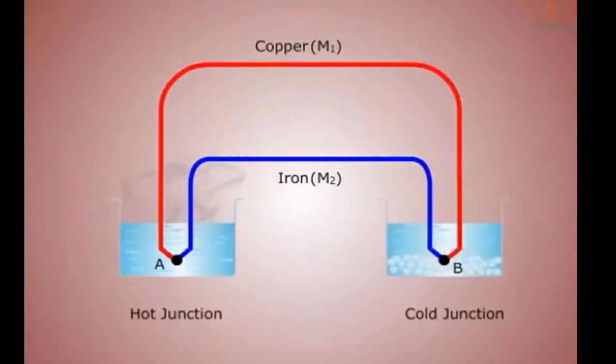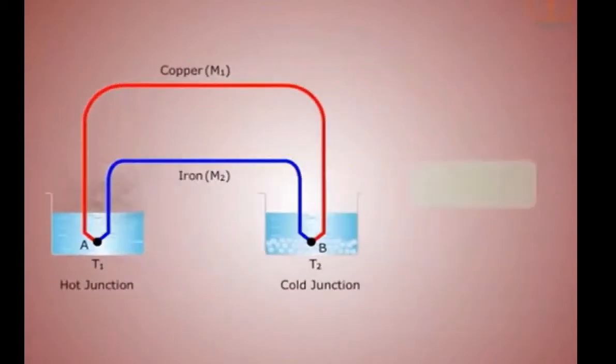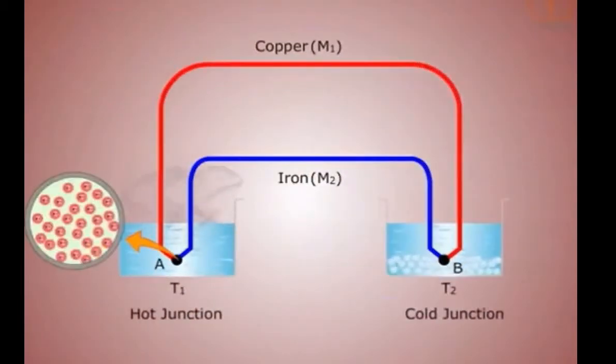Let the temperature source at junction B be a beaker filled with cold water, as you can see here. Assume that the temperature at junction A is T1 and the temperature at junction B is T2. So T1 is always greater than T2.